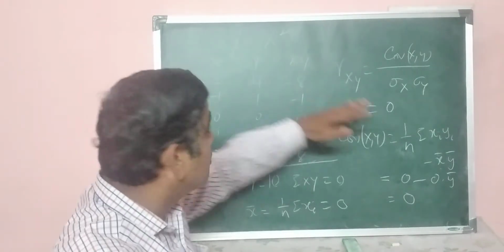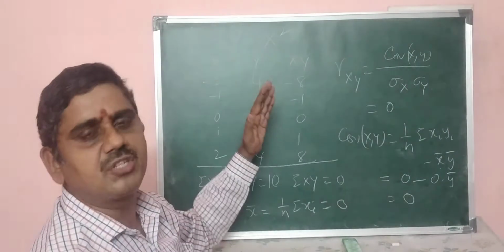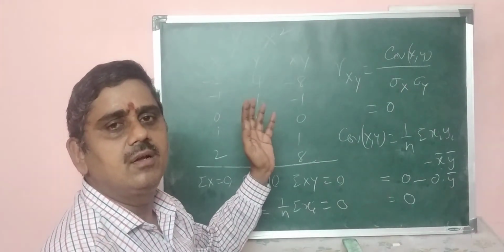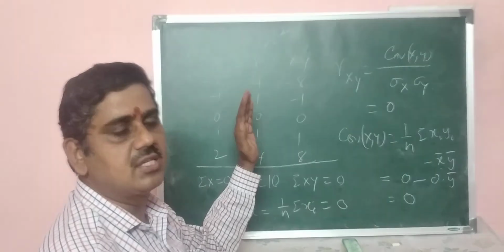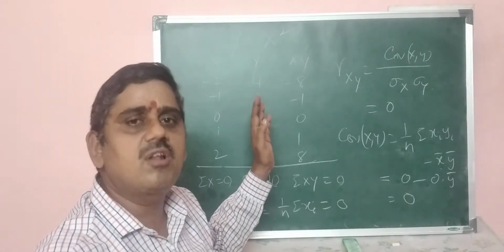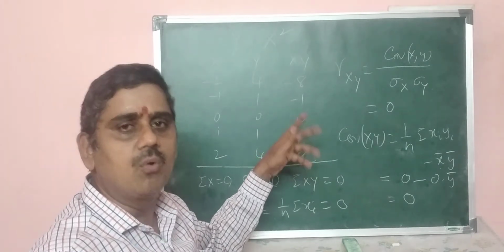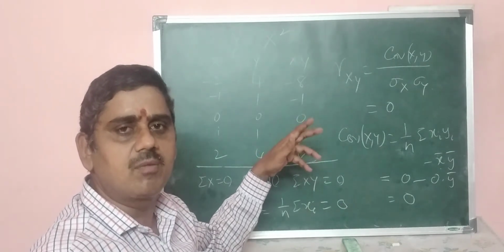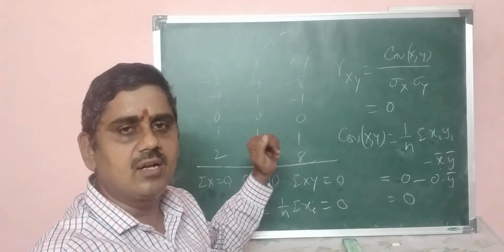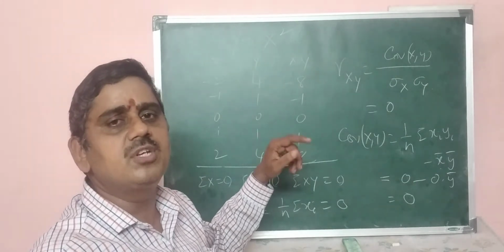When r is equal to 0, there may be a relation between x and y. So in this particular fashion, this is one such example to prove the converse need not be true. Like uncorrelated variables need not be independent.